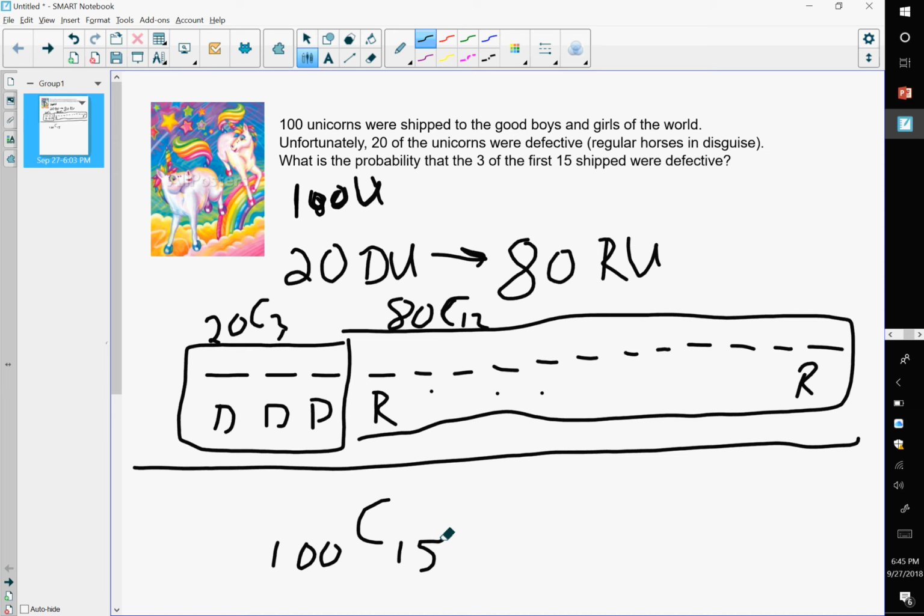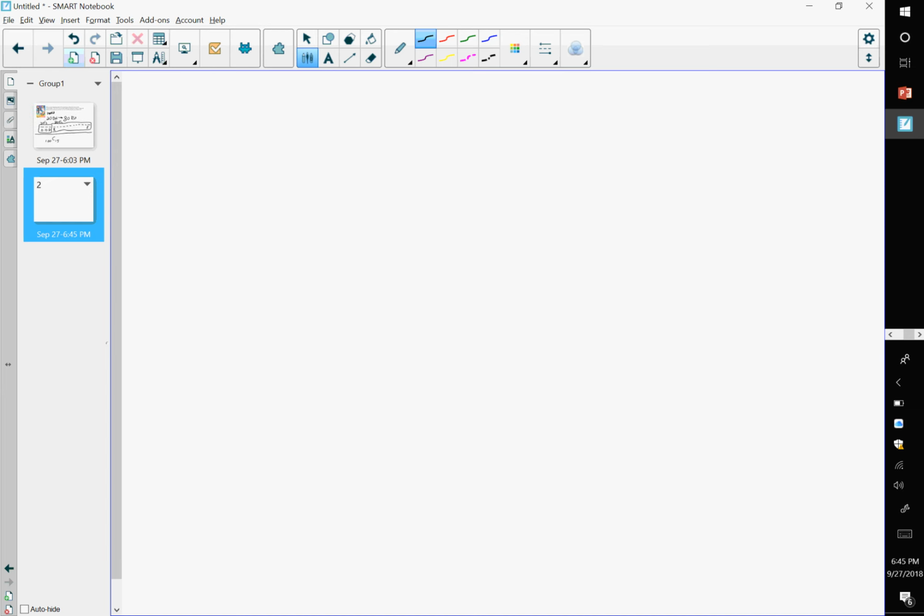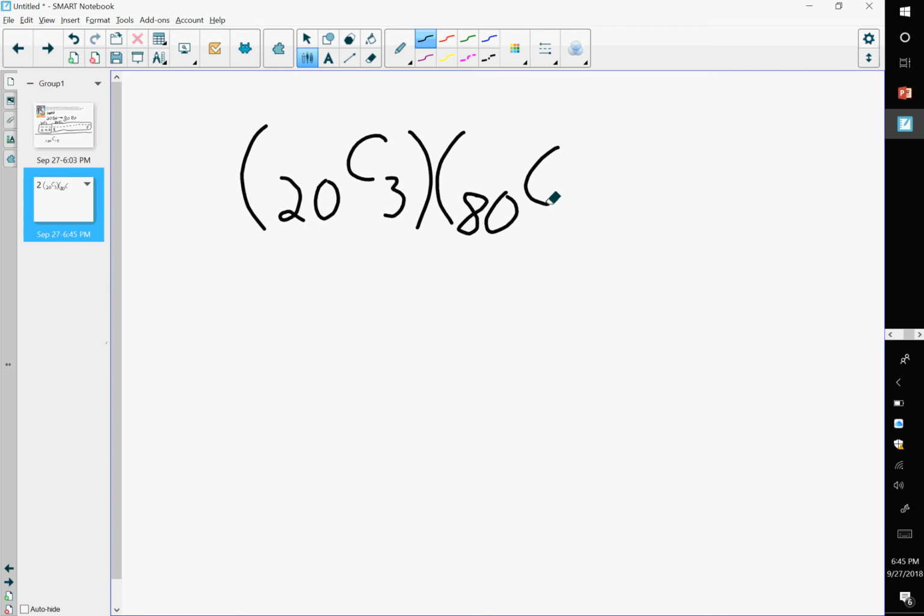So to rewrite this problem, I'm going to go to a new page for that. We're going to have our defective unicorns, which is 20 choose 3, multiplied by 80 choose 12, because we're choosing 3 defective unicorns and 12 regular unicorns.